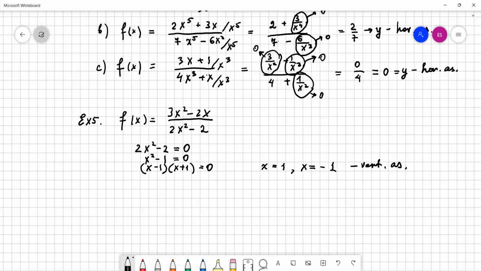In the numerator, we're not going to do anything, but for the horizontal asymptote, because the powers are the same, I'm just going to divide 3 over 2, and that's going to be the horizontal asymptote. That's x squared here and x squared here.